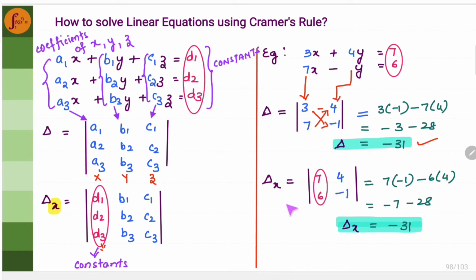Now, in this example, 7 and 6 are the constants, right? So, instead of 3 and 7, that is, instead of coefficients of x, you put constants here, that is 7 and 6. And then we retain 4 and minus 1 as is. Then we calculate the determinant, we get minus 31. Let's call this the determinant of x. We are calling it x just to make it clear that we are replacing coefficients of x with constants.